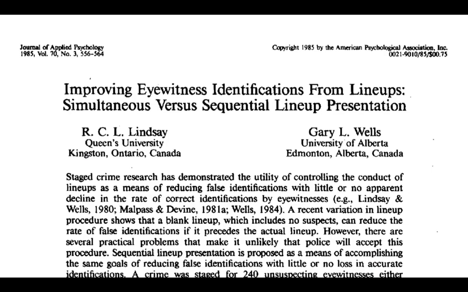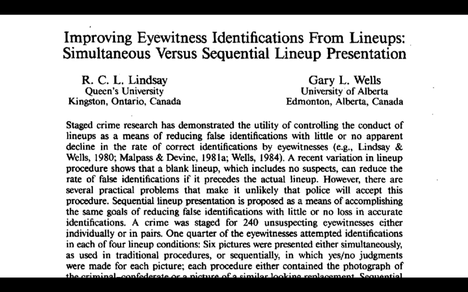Well, one alternative is to use a strategy suggested by Roderick Lindsay of Queen's University and Gary Wells of the University of Alberta, known as the sequential lineup. This is where each member of a lineup is viewed in turn. The eyewitness is asked, "Is this the person you saw?" and they have to answer yes or no. In the ideal version of this, eyewitnesses wouldn't know in advance how many photos will be in the lineup, and the procedure will stop on the first positive ID.